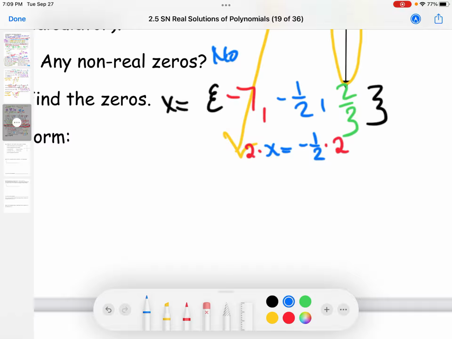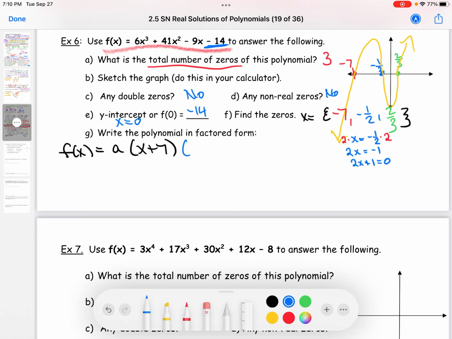So what we do is multiply both sides by 2 to clear the fraction. So we get 2x equals negative 1. Then we still need one side equal to 0, so we add the 1 back over. 2x plus 1 equals 0. 2x plus 1 is how we need to write that factor.